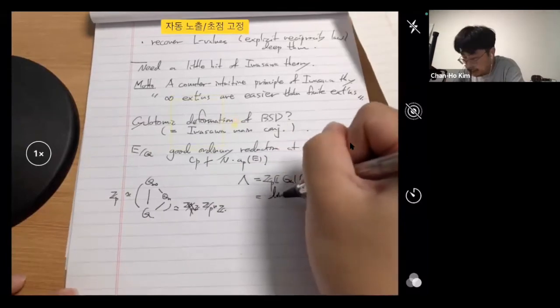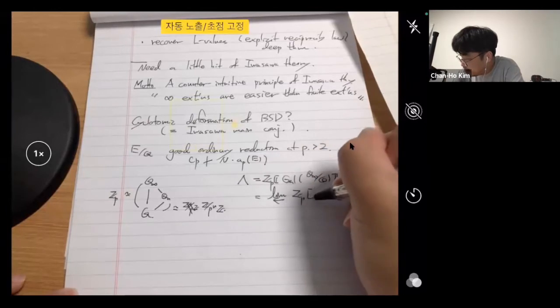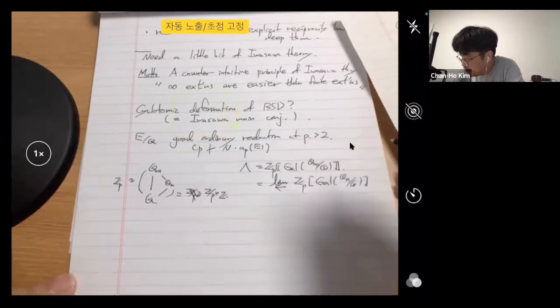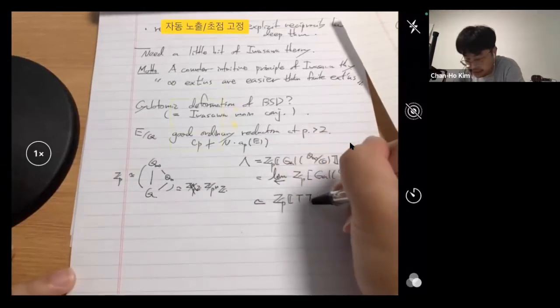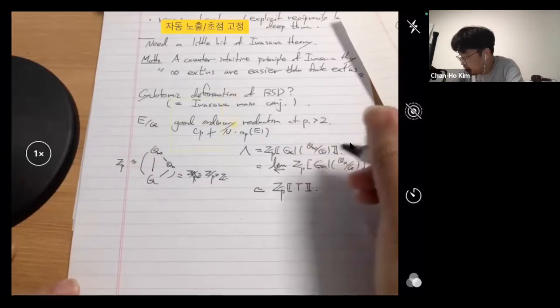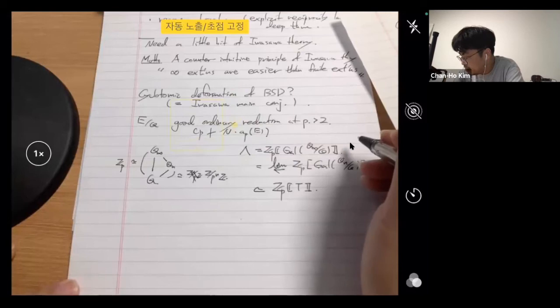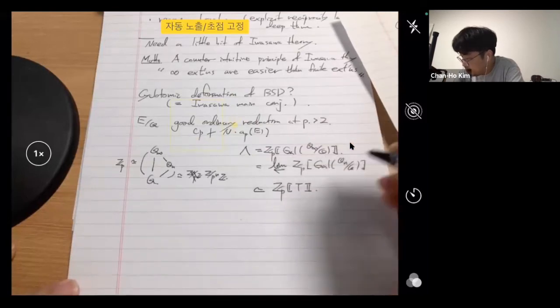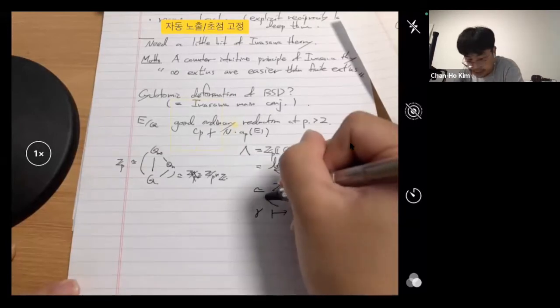Which means I take the inverse limit of Z_p[Galois group of each finite layer], which is isomorphic to one-variable power series over the p-adic integers. And by choosing a topological generator gamma of this Z_p and sending gamma to 1+T, this gives the isomorphism.